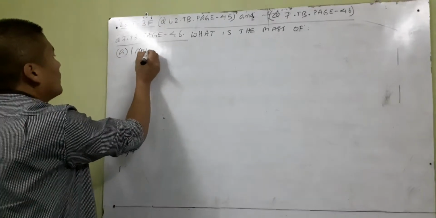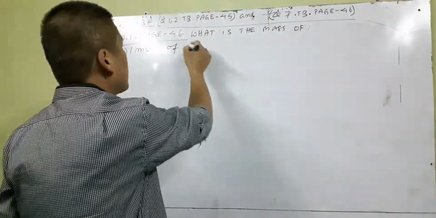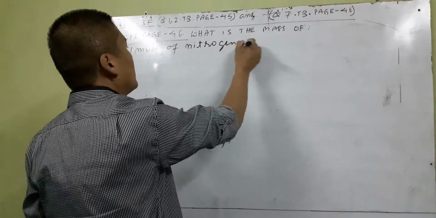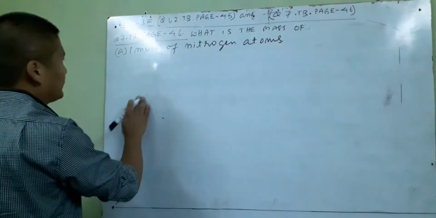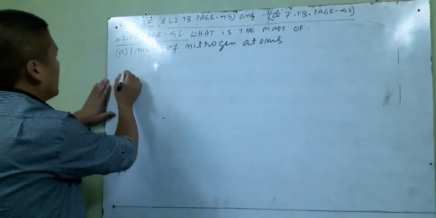1 mole of nitrogen atoms. I'll just exactly write how the question is given. There's nitrogen and they have mentioned atoms. So here, mass mole, that means we have to use this formula.